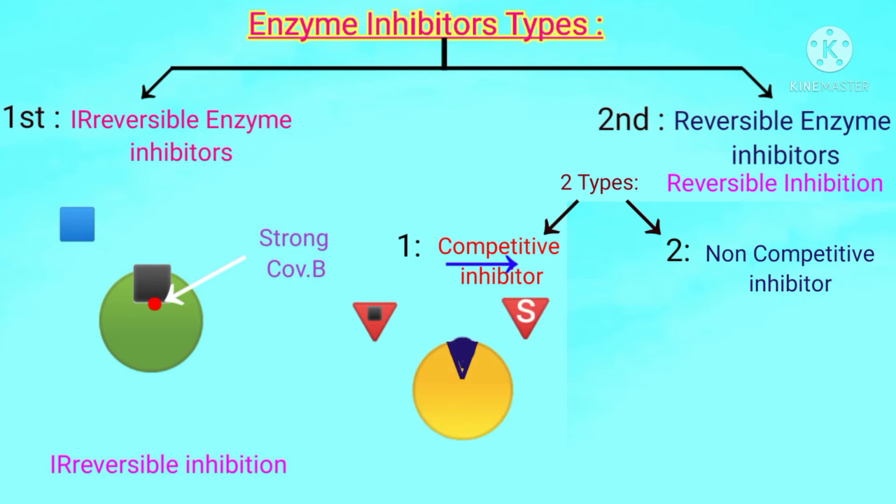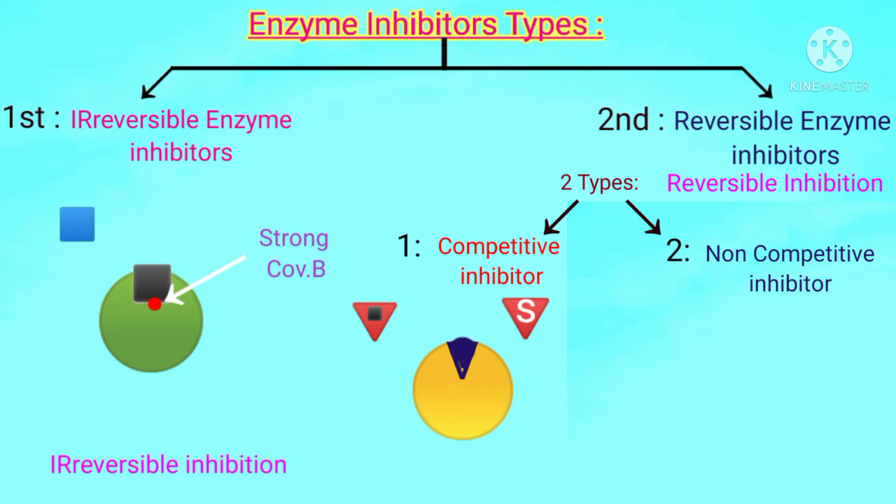For example, this is our enzyme, this is our inhibitor, and here the substrate is in this form, so both inhibitor and substrate are similar. Both have a triangular shape, so they are not alike but only similar. Both resemble each other, as they are not 100% alike.